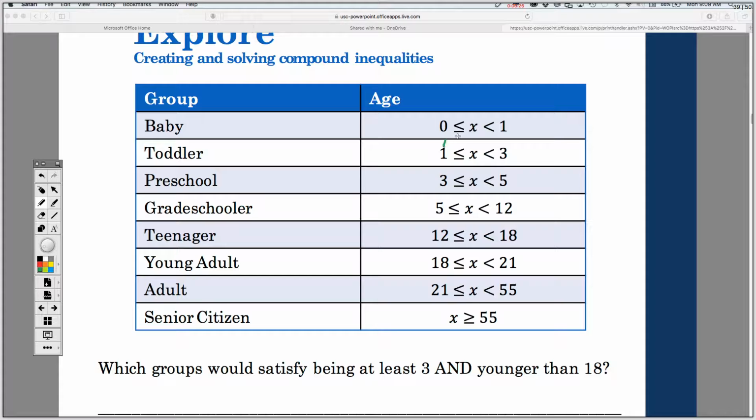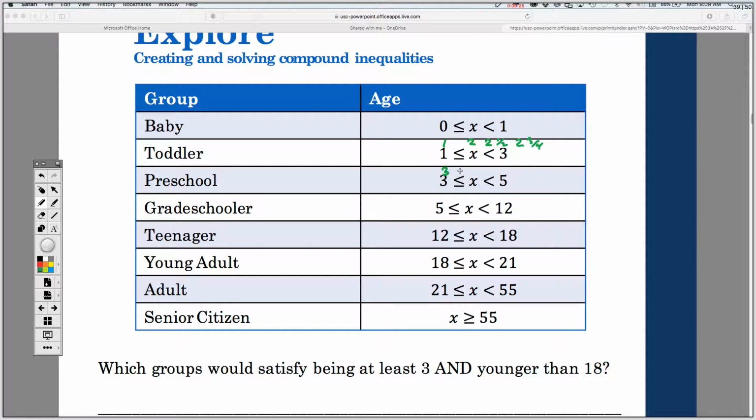So this one has 1 and 2 and everything up to 3 but not including 3. So we could even say 2.5, 2 and 3/4, but it can't include 3. Okay.